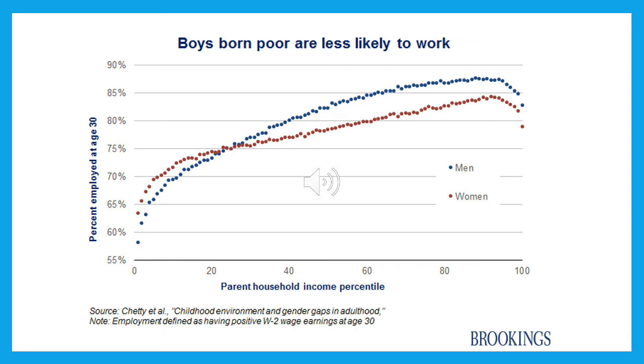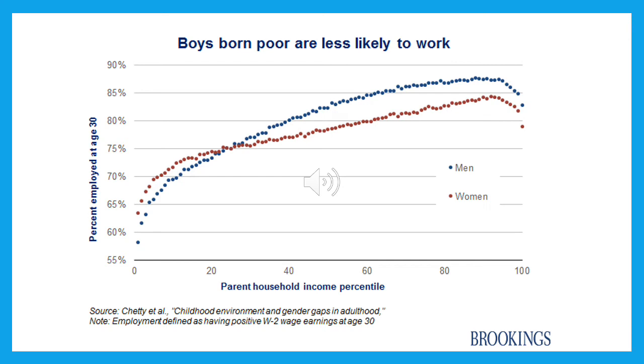We see that about 80% of them are employed at age 30. Now, notice that it drops off at right around the 90th percentile of earners. This could be because people above the 90th percentile are considered independently wealthy and may not need to work. Or it could include people who are pursuing higher education, for example, doctoral degrees.